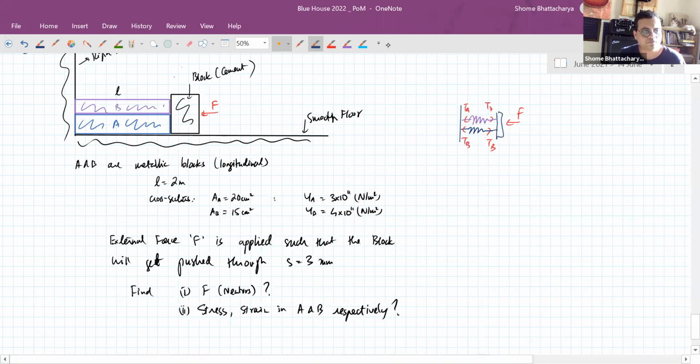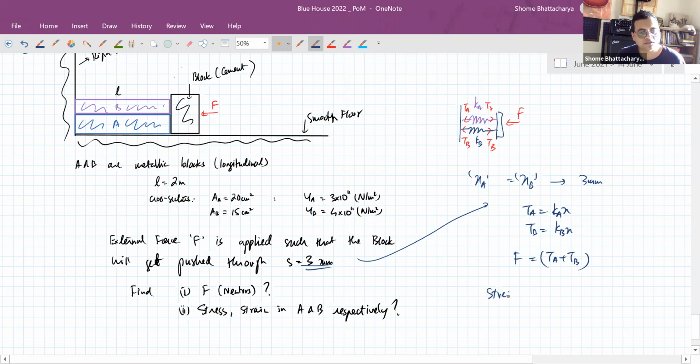So you can see that X for spring A is equal to X for spring B is equal to this displacement, which is equal to 3 millimeters. So TA will be equal to KA into X. F will be equal to TA plus TB.